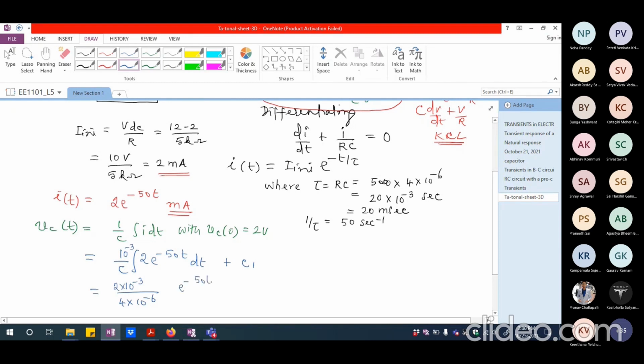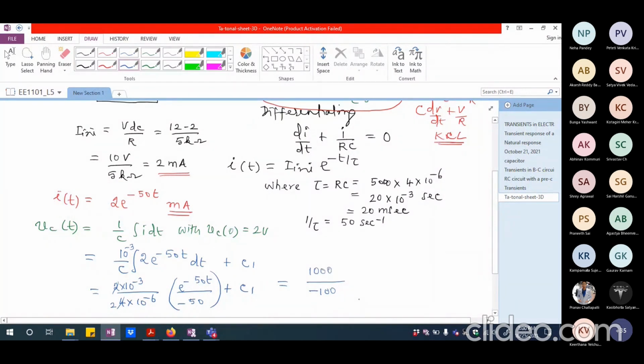E power minus 50t divided by minus 50, plus C1. So now I'm going to have 2 and 4 I can cancel. This is 2 and 2 multiplied by 50 is 100. So I can say minus 100, and on the top this is 10 power minus 3 left over here. So this will be 1000.